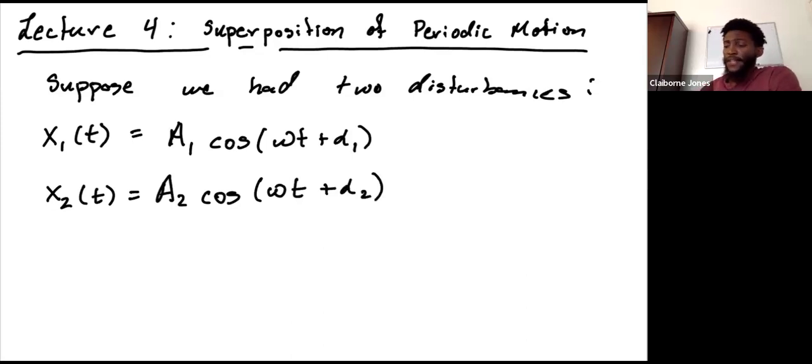So these two disturbances, these two waves, have the same frequency, different phases, and different amplitudes. But they have the same frequency. That is the condition that we're discussing here.